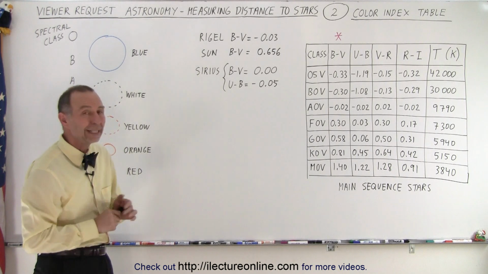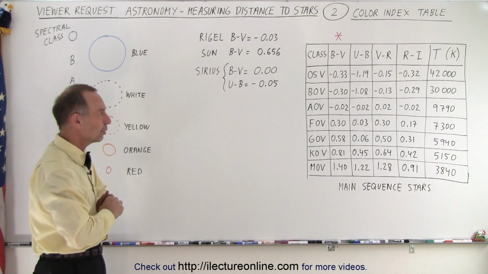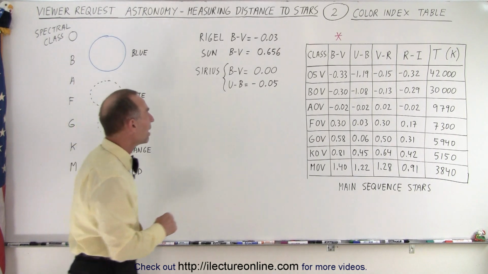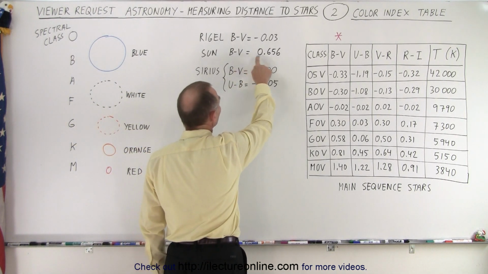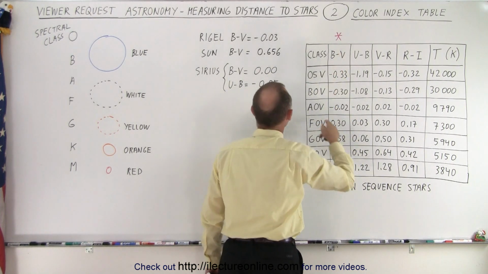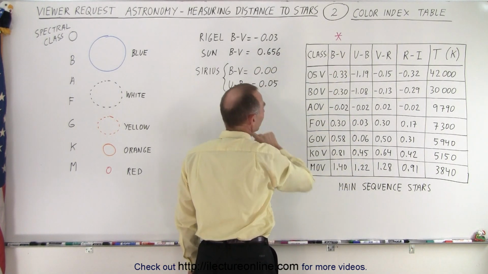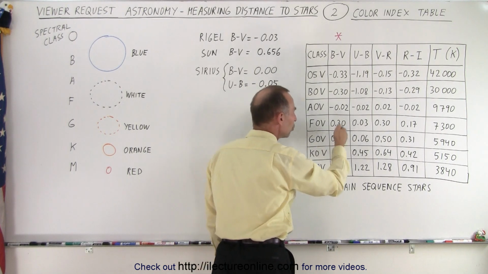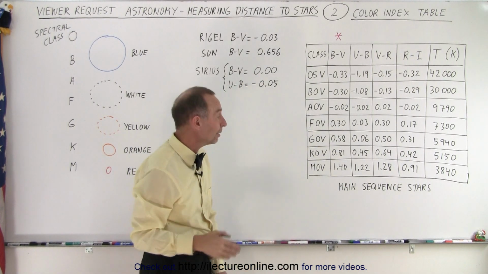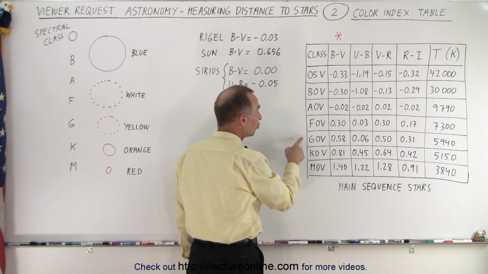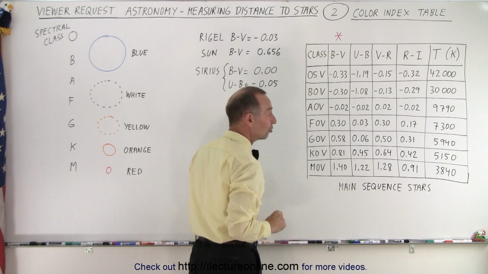There's seemingly some strange things going on there when we do the comparison, but first let's use the Sun as an example. We have a B-V color index of 0.656, so we go to the column of B-V and we find the number here. Now notice we have 0.58 and 0.81, so it falls in between, which means that our Sun is somewhere between a G0 and a K0 star.